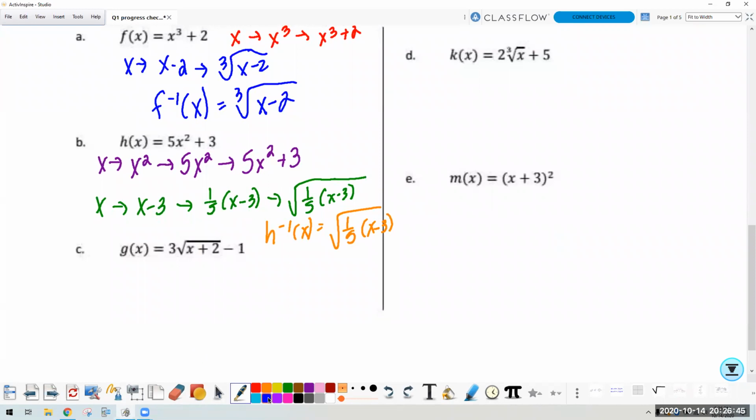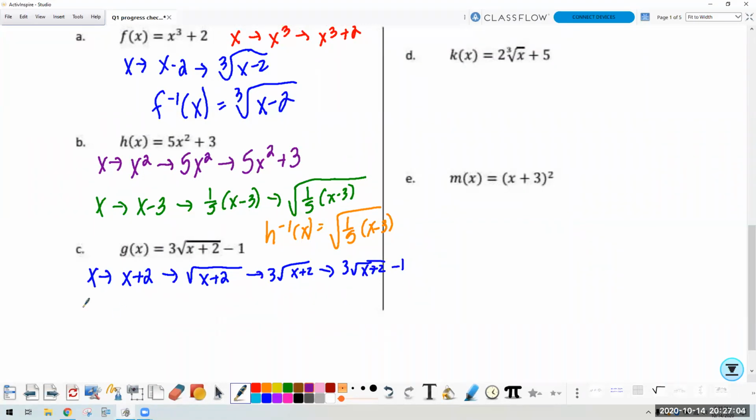Okay, for g, we start with x, then add 2, then square root, then multiply by 3, and then subtract 1.